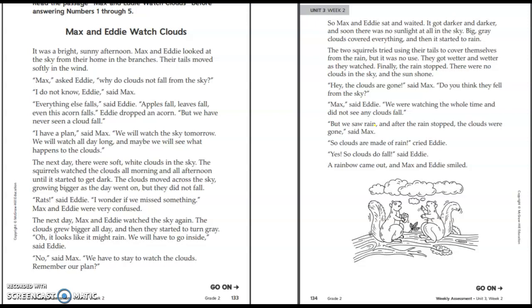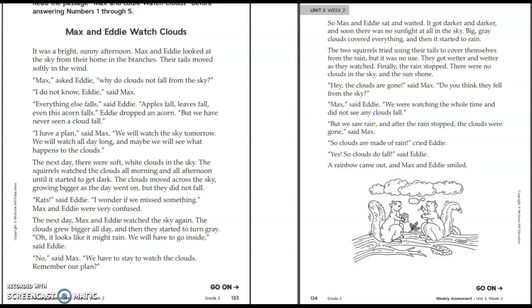The next day, Max and Eddie watched the sky again. The clouds grew bigger all day, and then they started to turn gray. "Oh, it looks like it might rain. We will have to go inside," said Eddie. "No," said Max. "We have to stay to watch the clouds. Remember our plan." So Max and Eddie sat and waited.